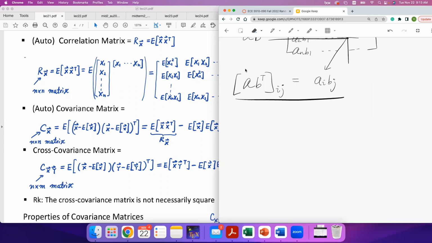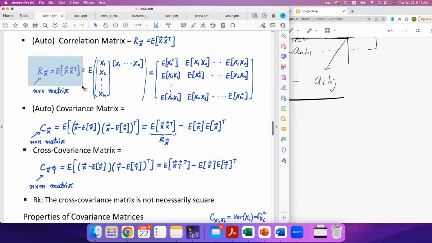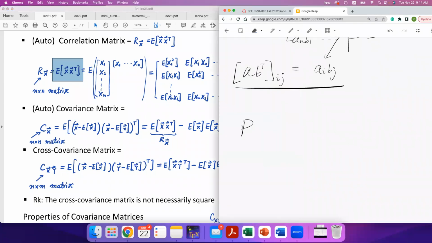So with this, we can understand all these correlation, covariance, and cross-covariance matrices in this way. Basically, if you look at the ij entry of this correlation matrix, the ij entry of this Rx, this autocorrelation matrix, it corresponds to the correlation between xi and xj.